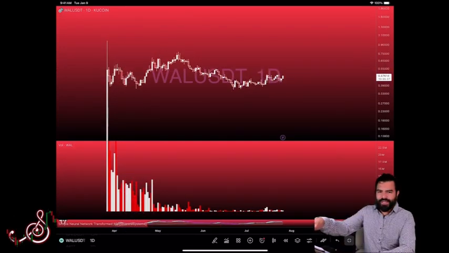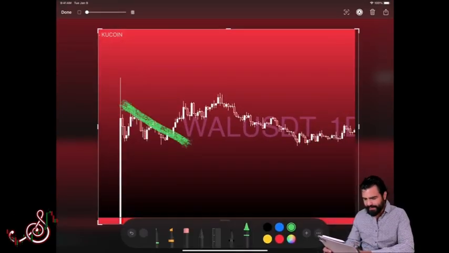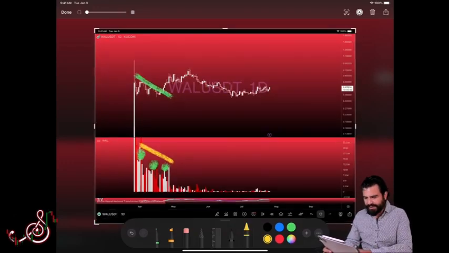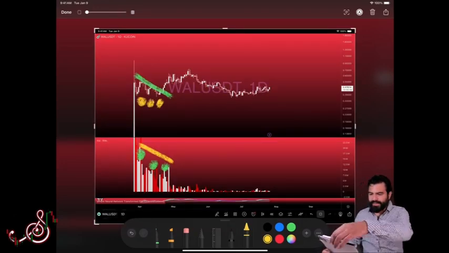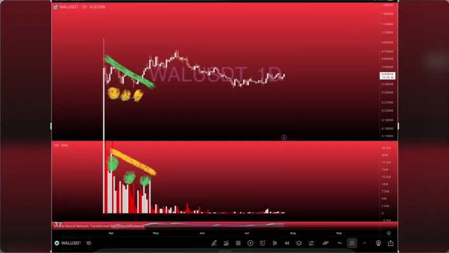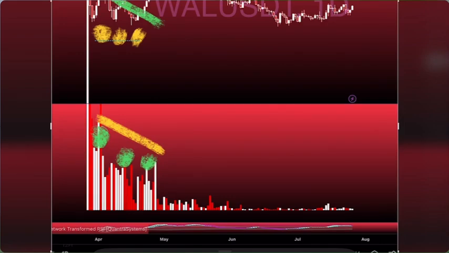That's interesting. We got a lot of volume into the first zone that we have here, which is very good. And do you notice how the volume is decreasing on these three points here? 1, 2, and 3. This is actually going to indicate a type of absorption of supply.